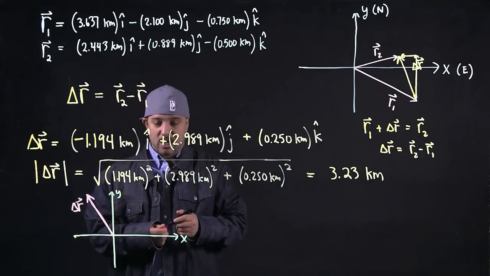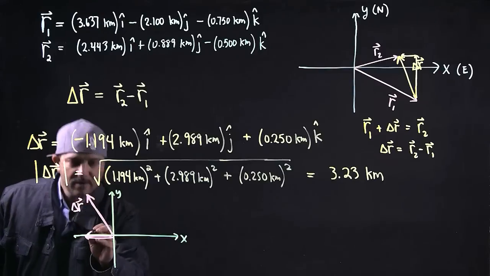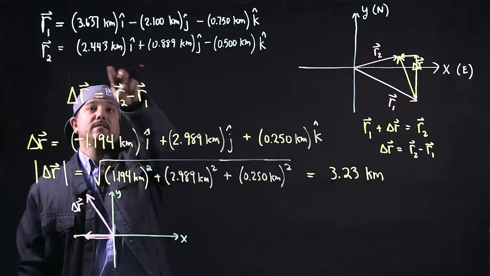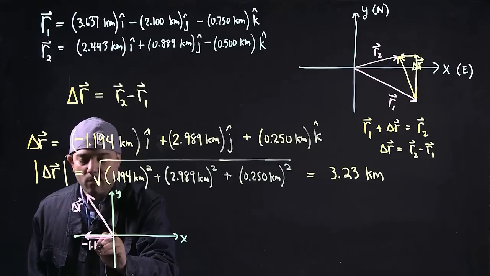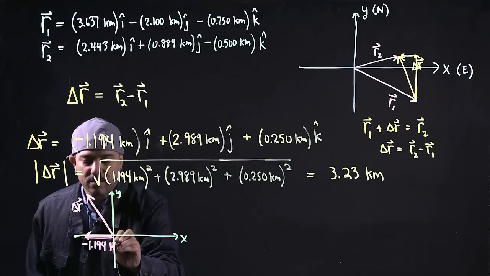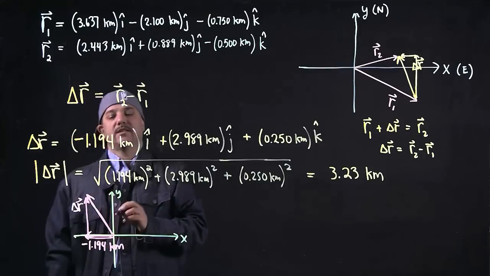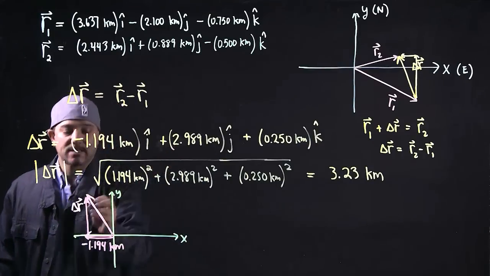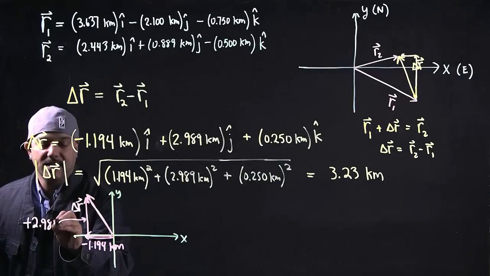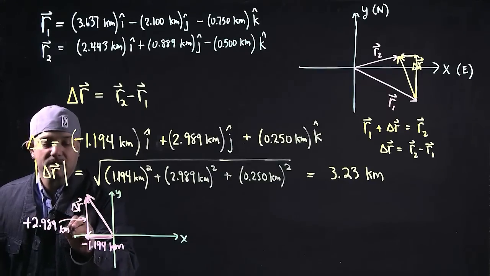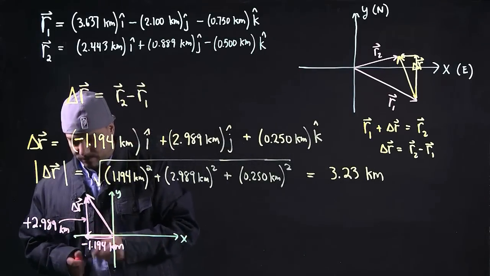So all I did is pick this vector up and move it to its own little coordinate system. This horizontal distance right here, that's the x part. That is negative 1.194 kilometers. And the y part of that vector is right there. That is plus 2.989 kilometers. Now we want to compute the angle.